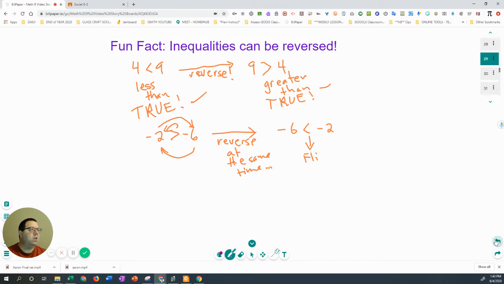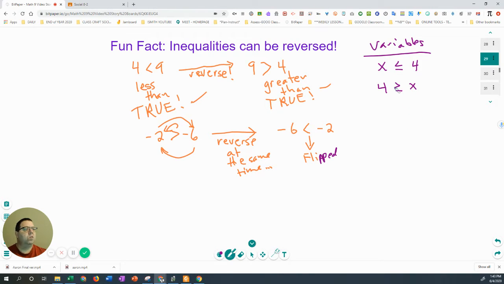But you can do it with variables. Let me show you what I mean. If you say, for instance, x is less than or equal to 4, then you can reverse this and say this is also true: 4 is greater than or equal to x.